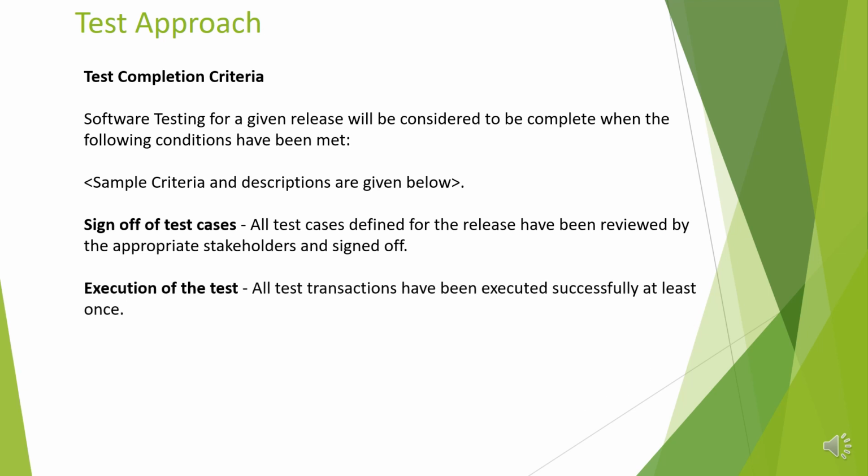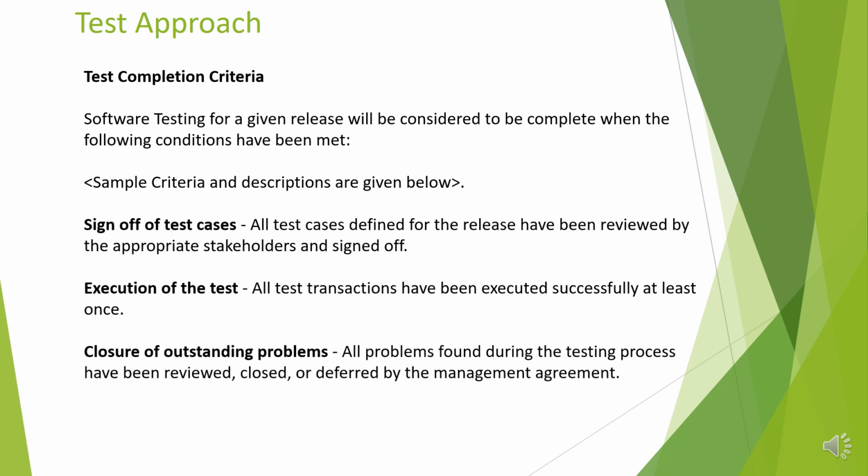Execution of the test. All test transactions have been executed successfully at least once. And the last is closure of outstanding problems. All problems found during the testing process have been reviewed, closed, or deferred by management agreement.